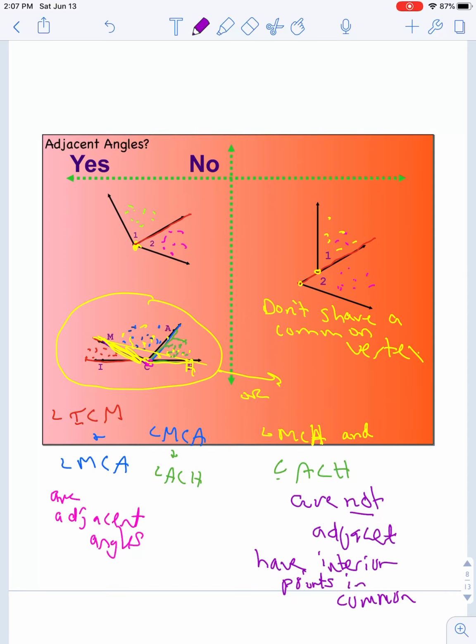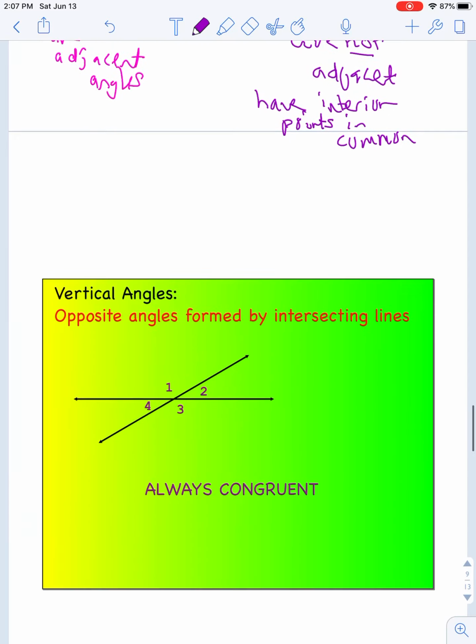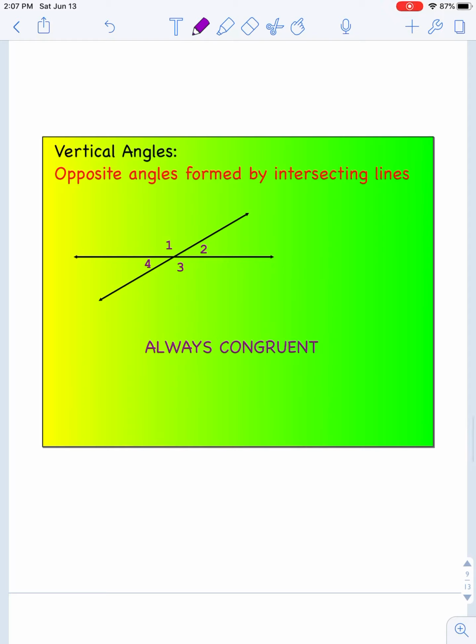All right, and we're going to look at vertical angles next, and that's another angle pair, and these vertical angles are going to come up again and again and again. And the name might be strange, but if you look at the angles formed here, like angle 4, and you look at angle 2 right here, they look the same, and they actually are the same.